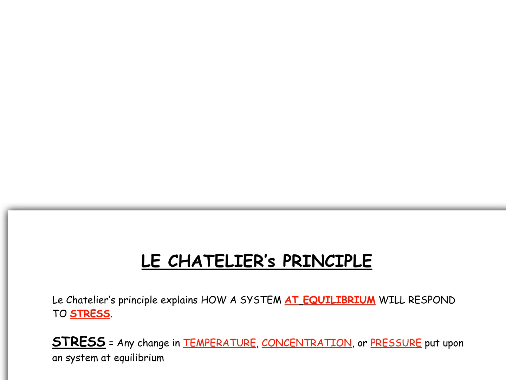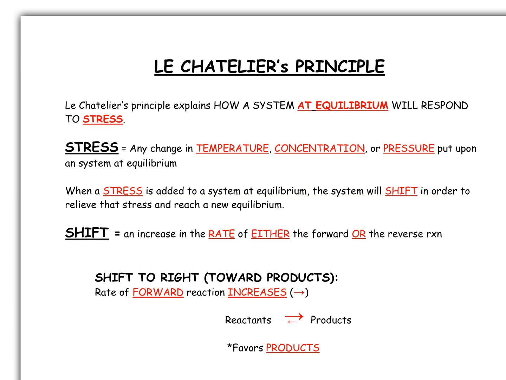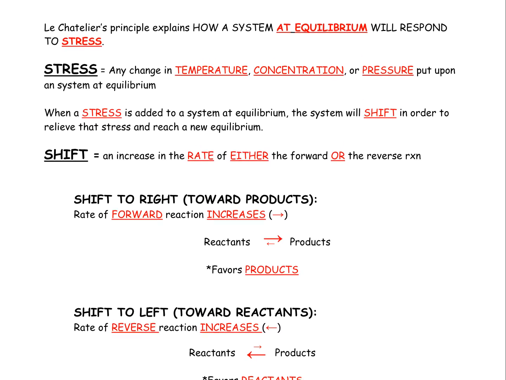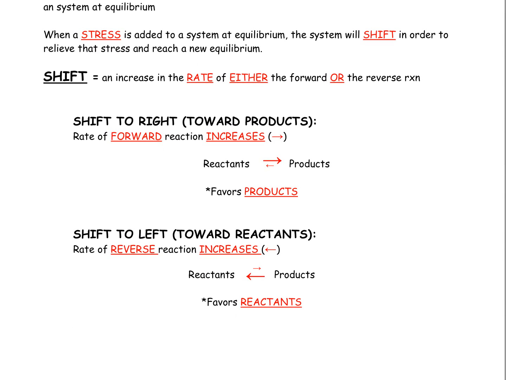Well, we already talked about kinetics. These are the things that change rate. Equilibrium is equal rate, so if we change rate, we change equilibrium. So when a stress is added to a system at equilibrium, the system will shift in order to relieve that stress and reach a new equilibrium.